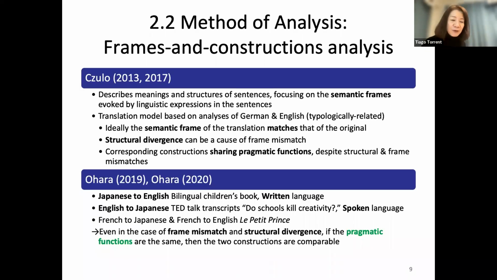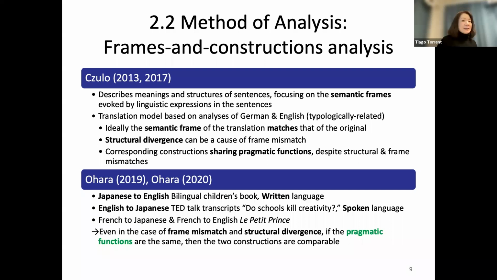And with respect to the method of analysis of Japanese constructions in relation to constructions in English, we've been using this frames and constructions analysis method. I'm not going to go into the details, but this approach was originally proposed by Oliver in his 2013, 2017, and other papers.